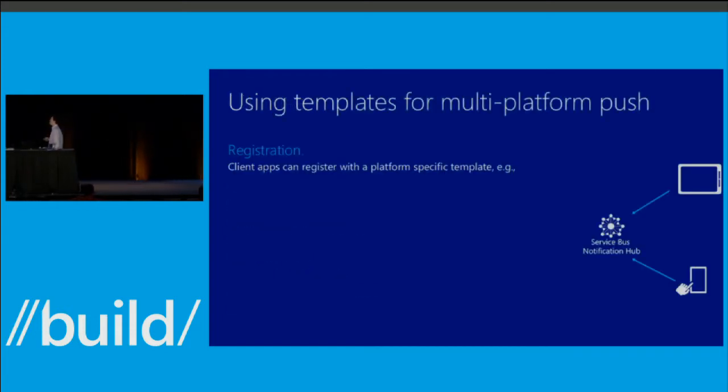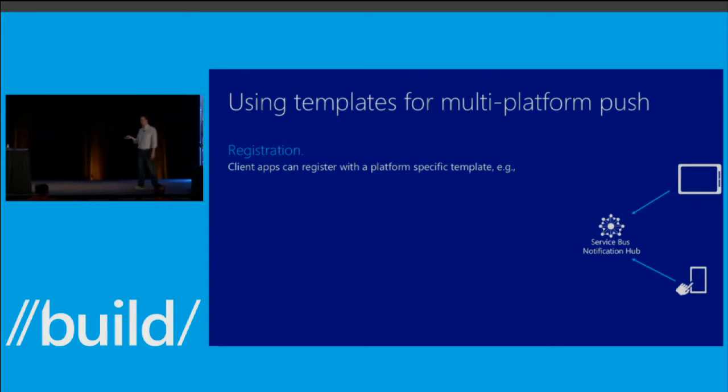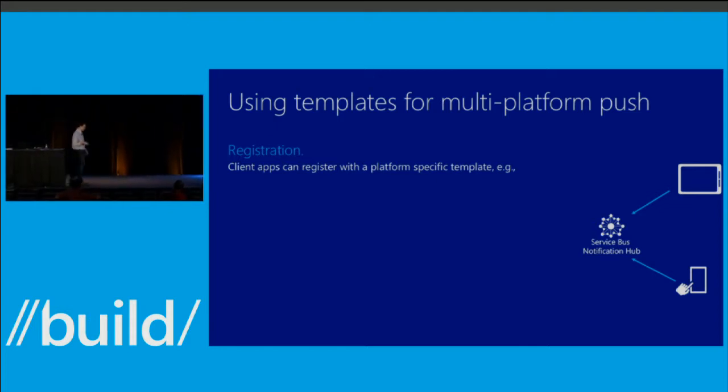What happens here is that we have a way to make your backend platform independent. This is very important in situations where the backend team and the client app teams are different. Sometimes that happens in big orgs, that you have somebody responsible for the backend and for sending notifications, and there are sometimes multiple client app teams developing the apps.